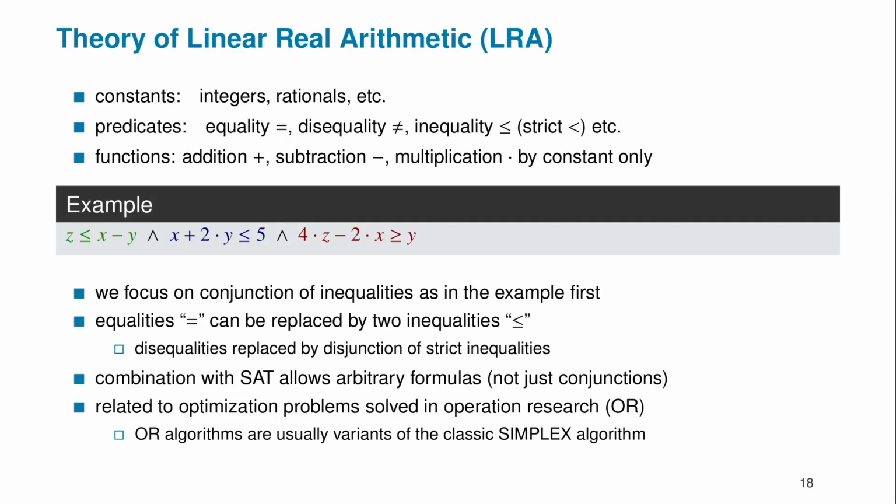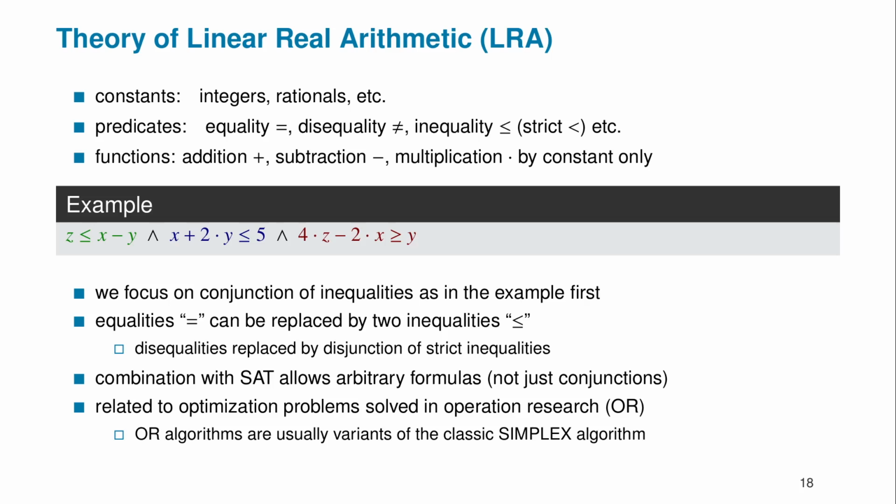The other theory I would like to discuss with you is the theory of linear real arithmetic, LRA, and what we have in this theory are integers, rationals, etc. We have predicates equality, disequality, inequality, strict inequality, etc. We have addition, subtraction, multiplication, and so on.